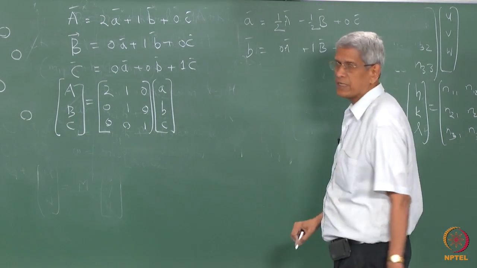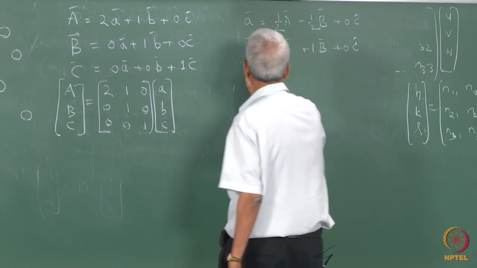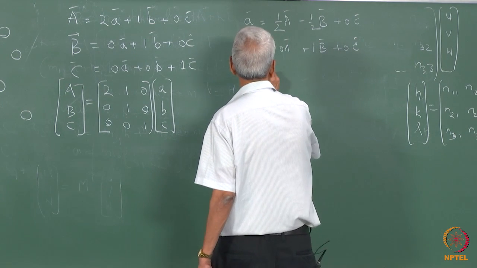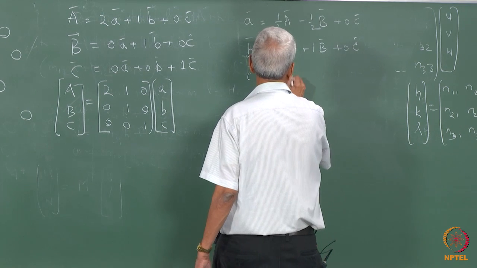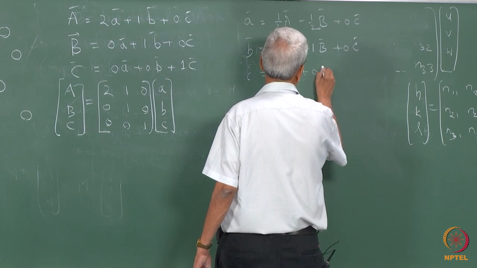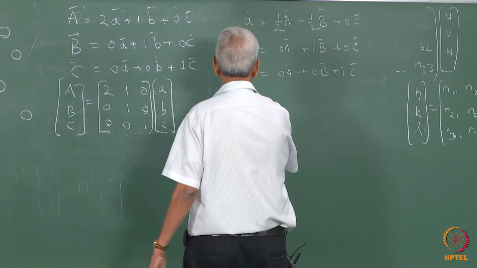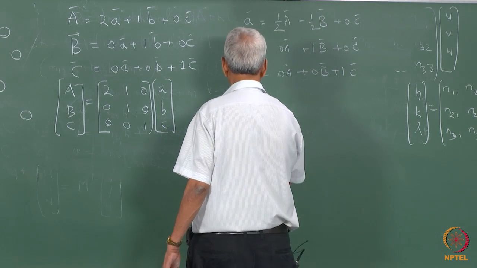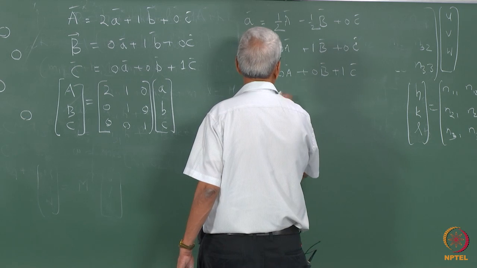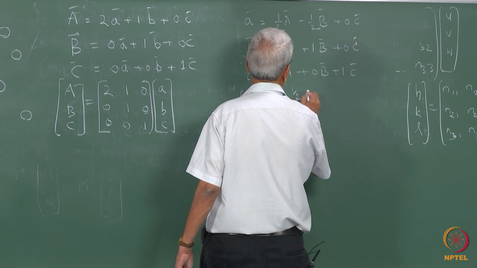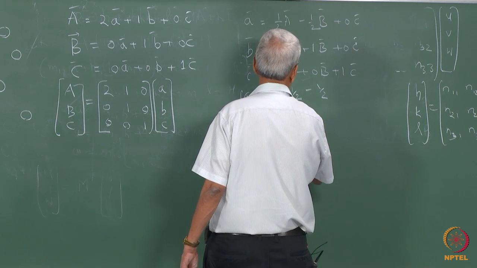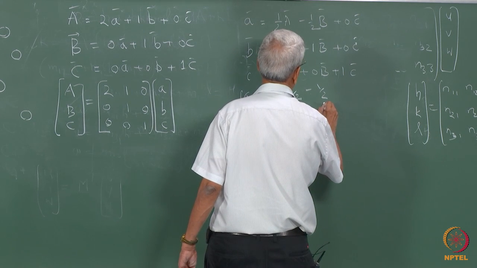Plus 0 into C, correct? And C will be 0 into A plus 0 into B plus 1 into C. So this A, B, C will turn out to be half, minus half, 0, 1, and so on.